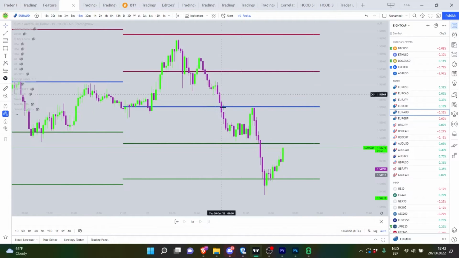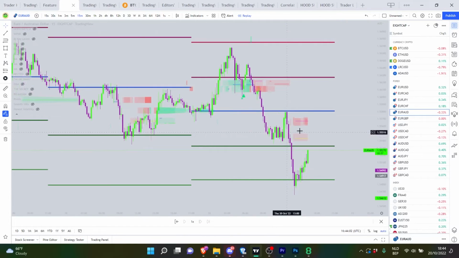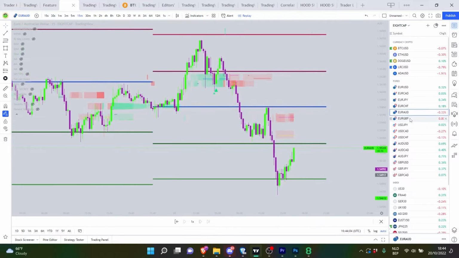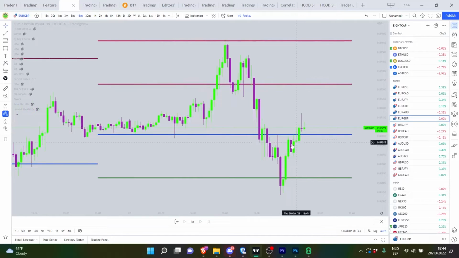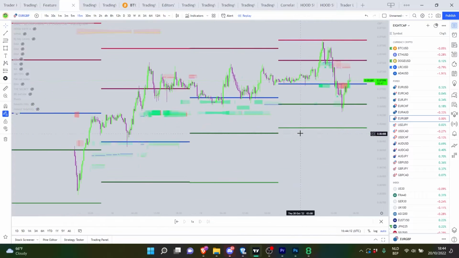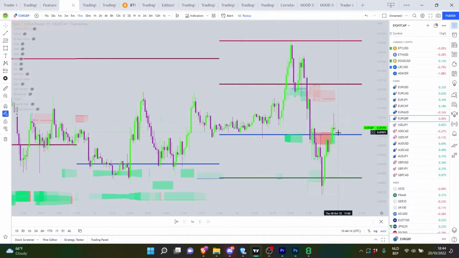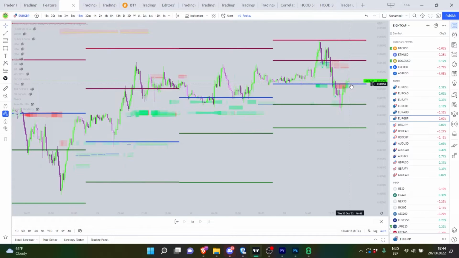Okay, this is shaping up nice. Let's hope there is a level. It's not too strong. Let's move on. Okay, this is nice because we got a rejection and then we move back to the pivot. So I would expect price to touch this, move to this level.